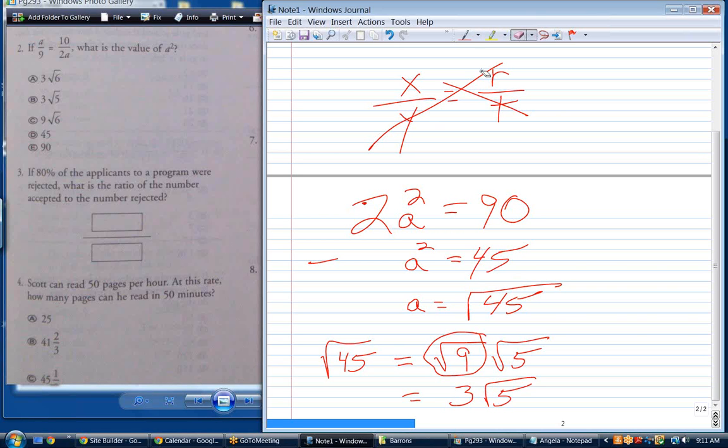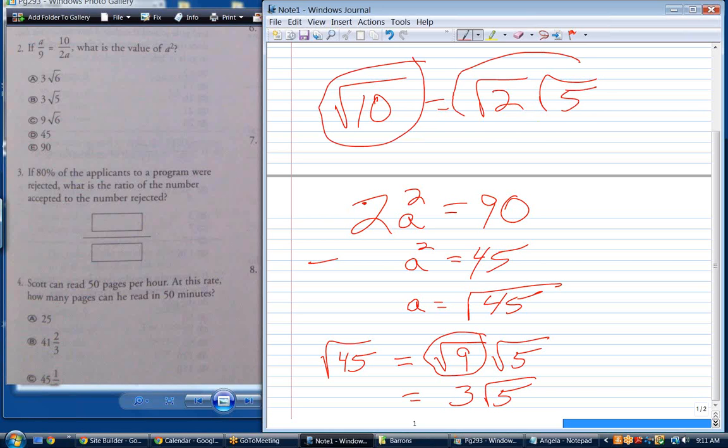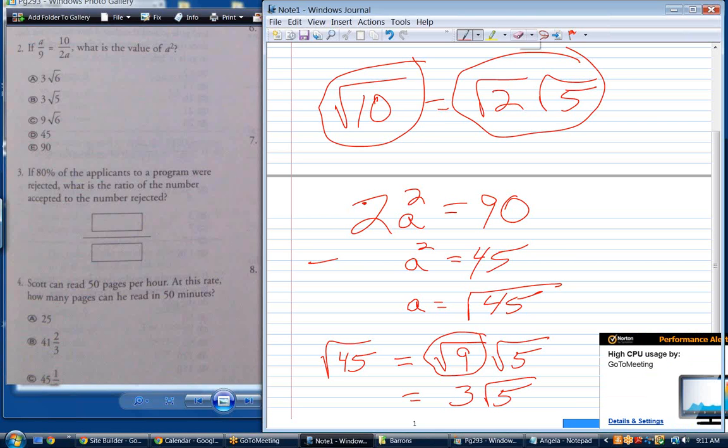In other words, if I take square root of 10, is that simplified or not? No. Well, it's equal to the square root of 2 times the square root of 5, but this is actually more simplified than this. Okay? Because I'm not able to pull out a whole number.